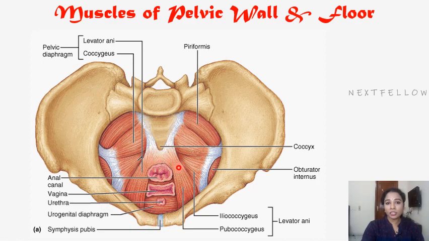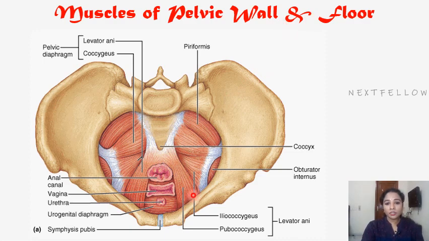So it is called puborectalis. Similarly, the muscle around the urethra is pubourethralis, and around the vagina is pubovaginalis. So pubococcygeus is further divided into puborectalis, which is a major component, then pubourethralis and pubovaginalis.